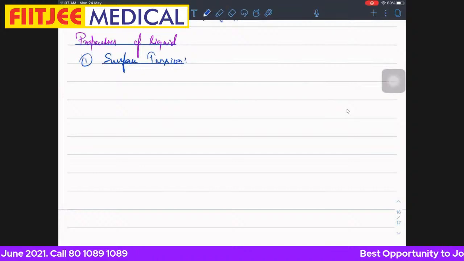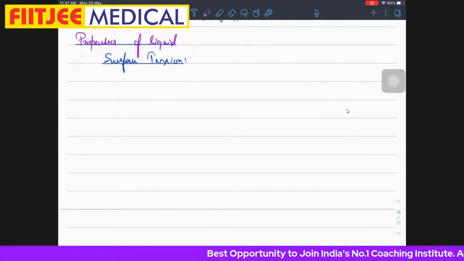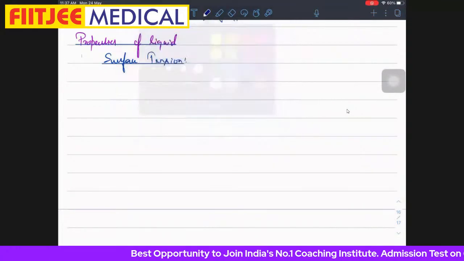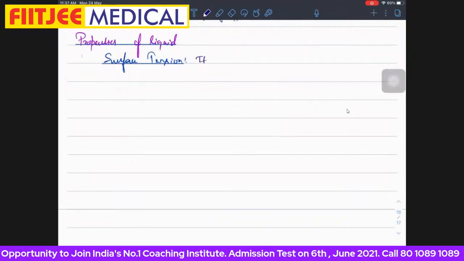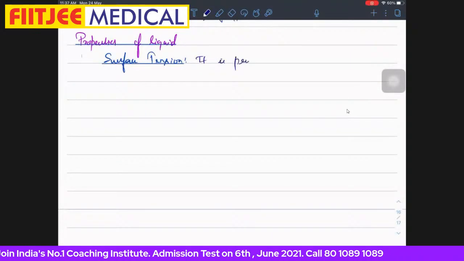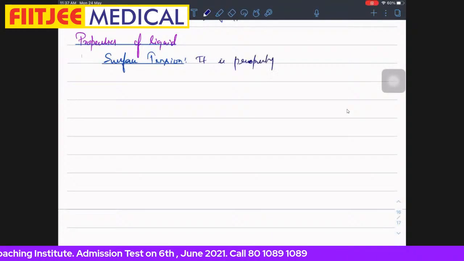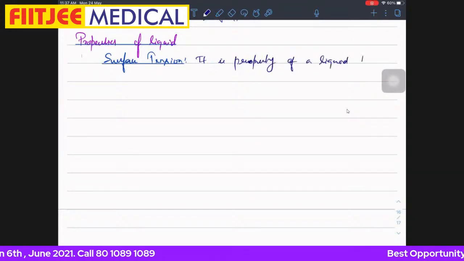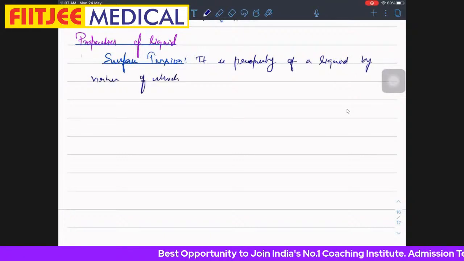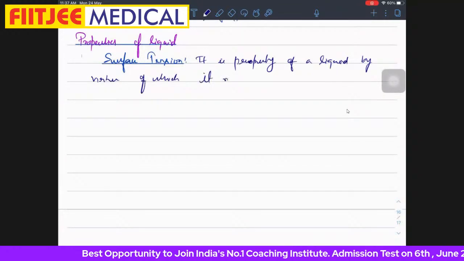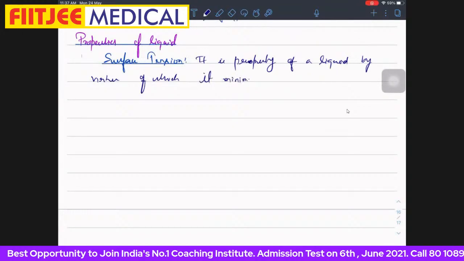So what is surface tension? It is the property of liquid by virtue of which it minimizes surface area.